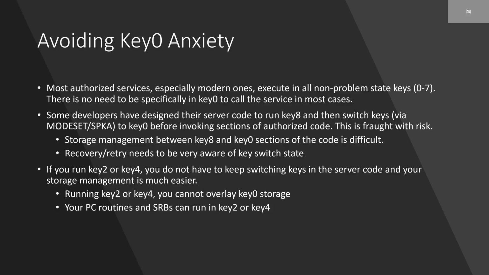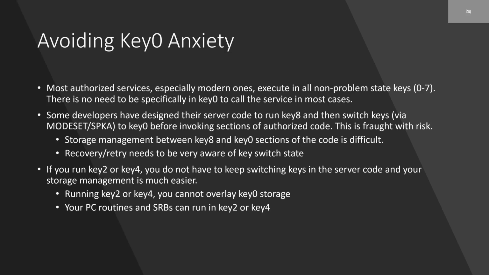Also, things to remember, a lot of developers back in sort of like the 70s, 80s, 90s thought that, oh, I'm calling a system service, I need to be key zero because I'm calling an authorized service. Well, these days, most authorized services execute in all non-problem state keys, and that's really great because if you're running key 4, like I am, or key 2, the last thing you want to do is frequently switch to key 0 because every time you're in key 0, you are one instruction away from causing an unscheduled IPL.